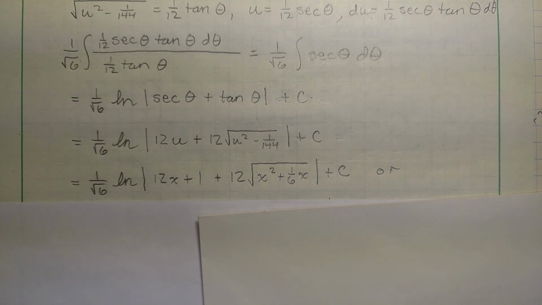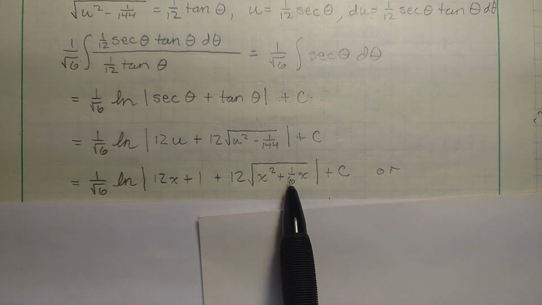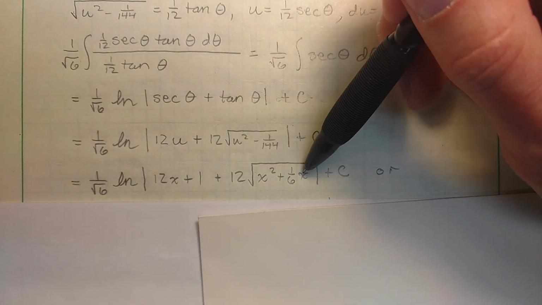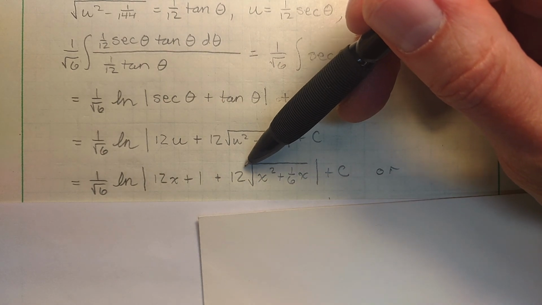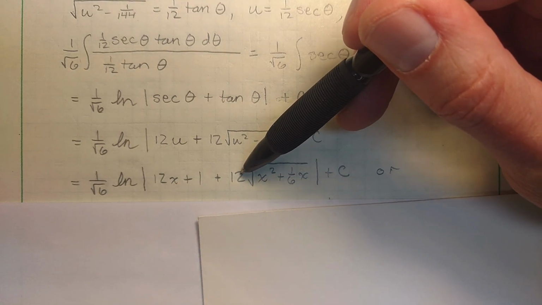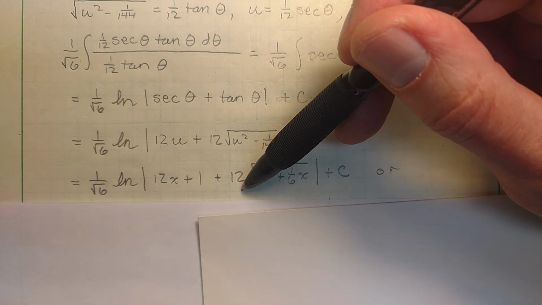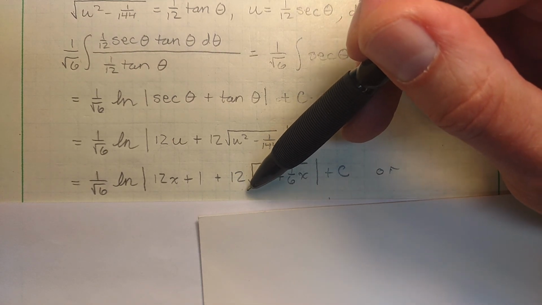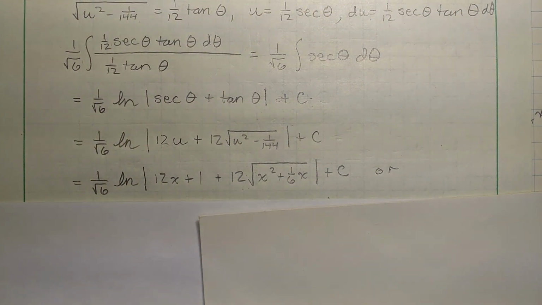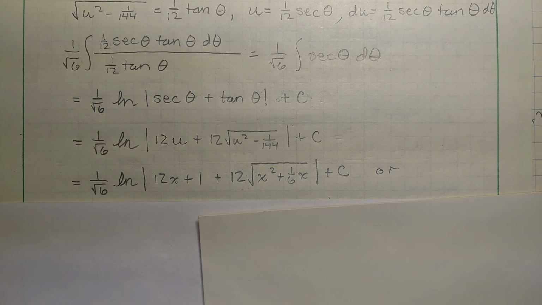Looks pretty good. But if you want to, you can go a step further in simplification and get rid of this 1/6 here. In order to do that, I want to multiply by a 6 in here, which means I have to multiply this whole thing by a radical 6 so that I can bring the 6 in and distribute it. To multiply by a radical 6, I would need to compensate by a factor of radical 6 over radical 6, and bringing that in, I would get 12 over radical 6. 12 over radical 6 would reduce down to 2 radical 6.